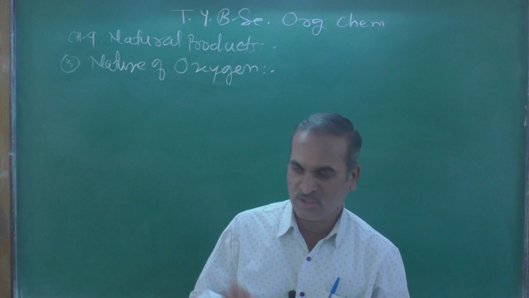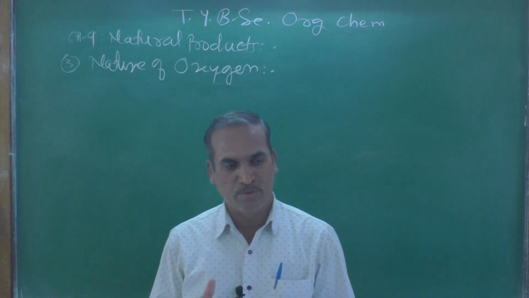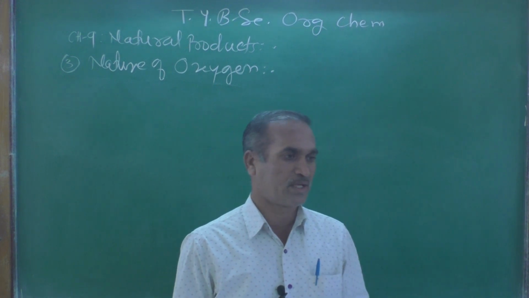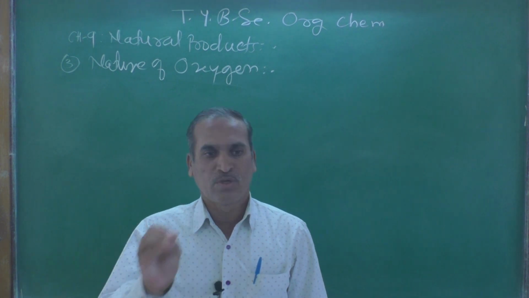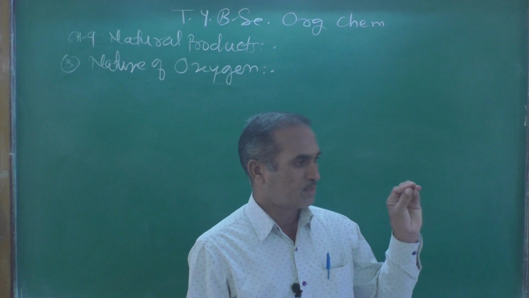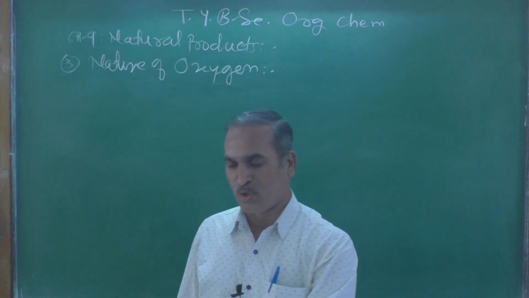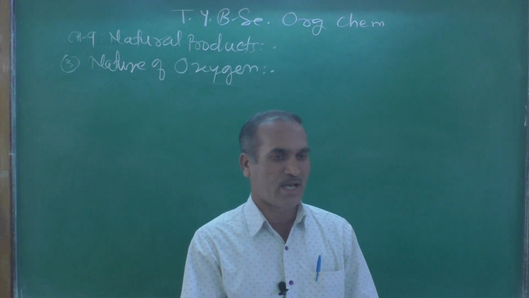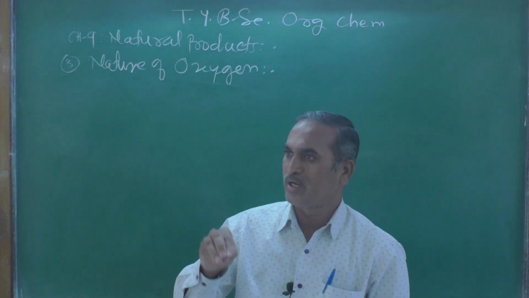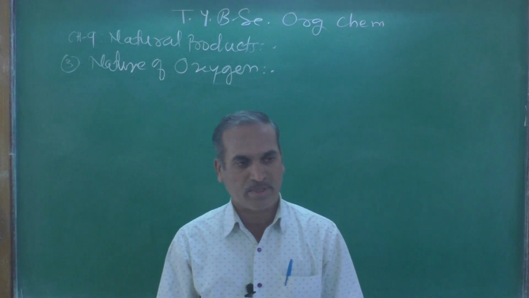So in hydrogenation or bromination, suppose your starting material or substrate consumes 2 moles of bromine, and the brown color disappears. It means that the alkaloid contains 2 carbon-carbon double bonds.